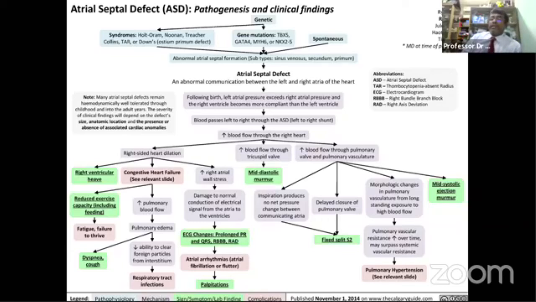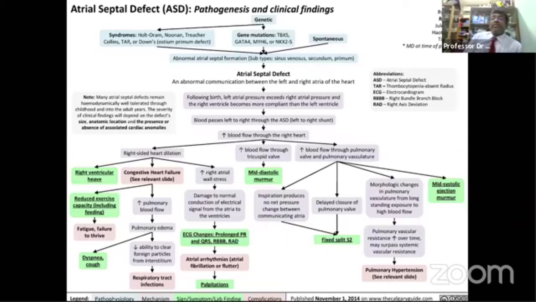So by echocardiography we can confirm the diagnosis of the ASD, we may confirm the type of ASD, and we may also diagnose any other associations of ASD. So these are the investigations: ECG, echocardiography, and chest X-ray.